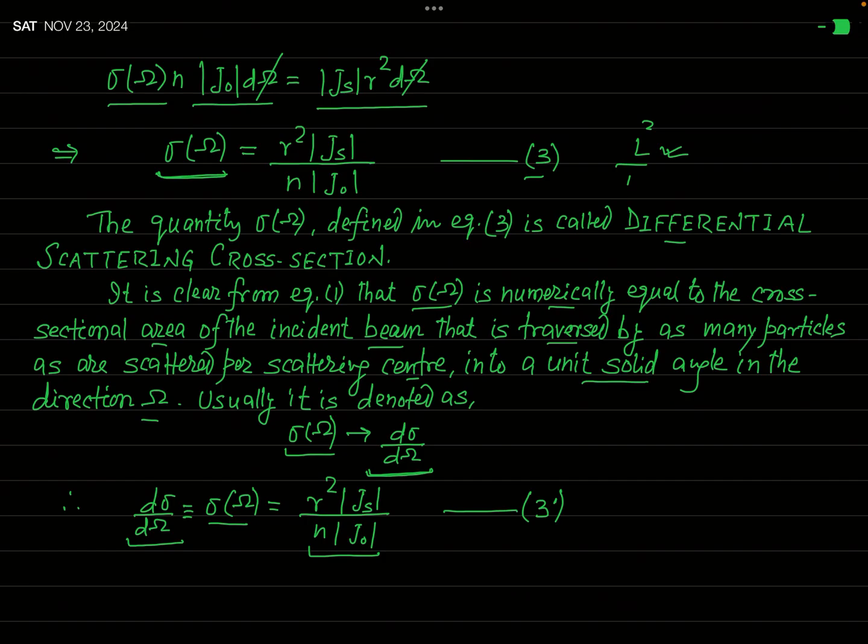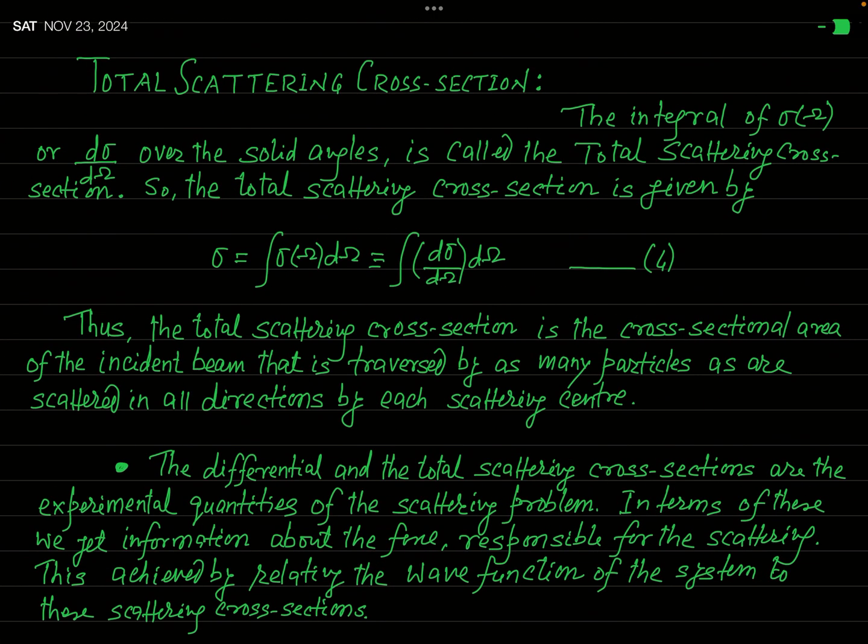Actually, this symbol d sigma by d omega for differential scattering cross section will be more convincing when we talk about the total scattering cross section. When we integrate this d sigma by d omega for the entire range of solid angle, we will get the total scattering cross section.